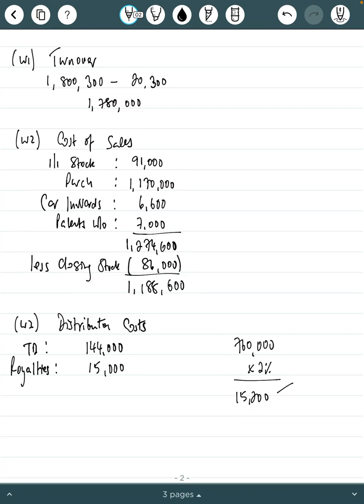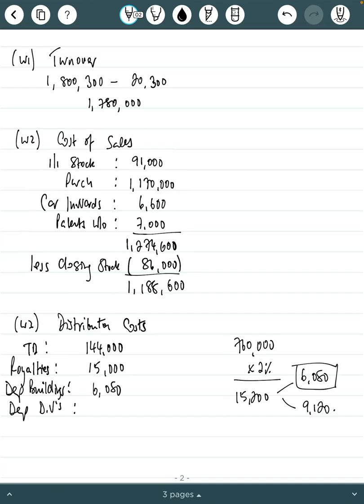Then we multiply that by 40%, you get 6,080, and then multiply it by 60%, the remainder, you get 9,120. So we take that 6,080 and we can put it in here for depreciation of buildings. And that's 6,080.